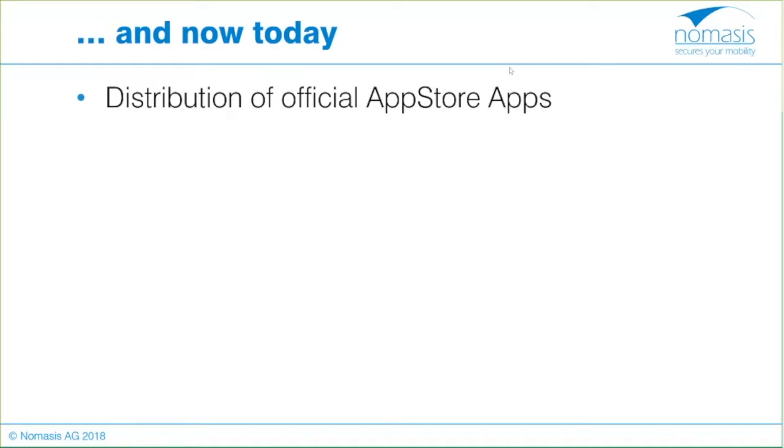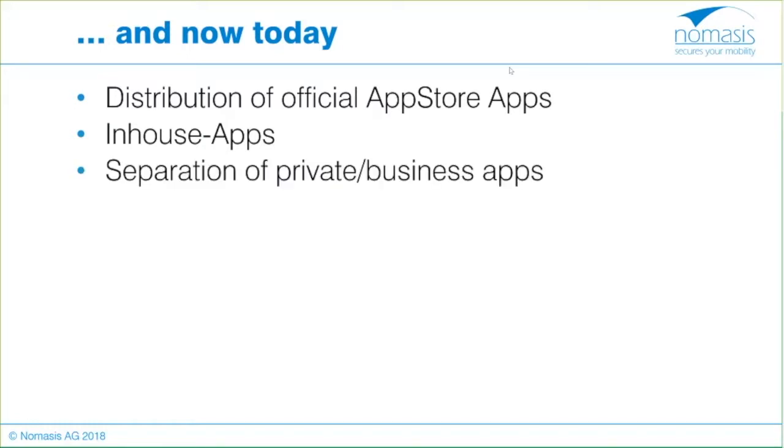Today, this all works a bit differently. We still have the distribution of official App Store apps. Many companies have a lot of in-house apps, which they use to mobilize their business processes. We can definitely separate private and business apps.